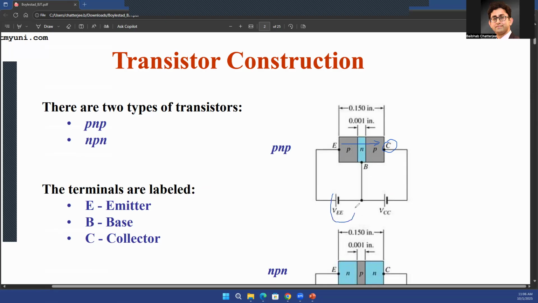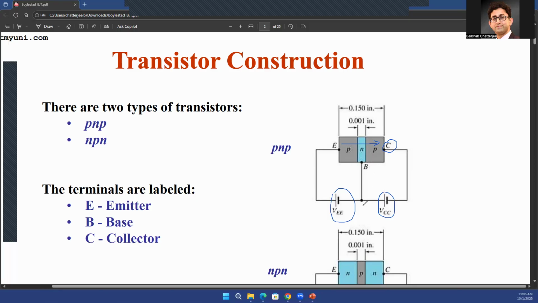For that, you need to have a positive voltage connected to your emitter terminal, right? And you need to have a negative voltage connected to your collector terminal. So these two voltages are going to be called, let's say, VEE and VCC. Just like the supplies that you use, VCC because it's the collector terminal, and VEE because it's the emitter terminal, the battery you have connected to the emitter terminal.